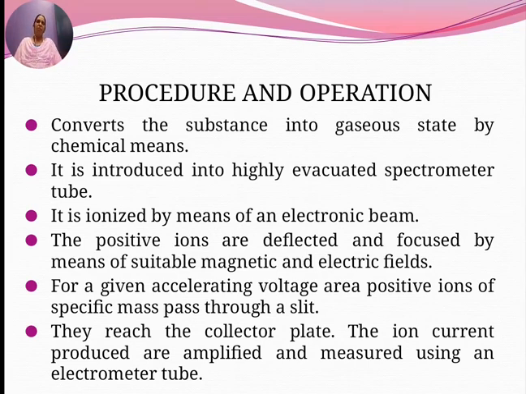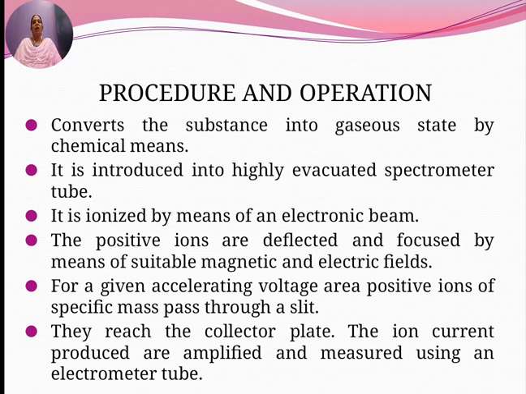Procedure and operation. The procedure and operation that is followed in a mass spectrometer are: the sample is converted into gaseous state by chemical means. Then it is introduced into a highly evacuated spectrometer tube, where the sample is ionized by means of an electron beam.